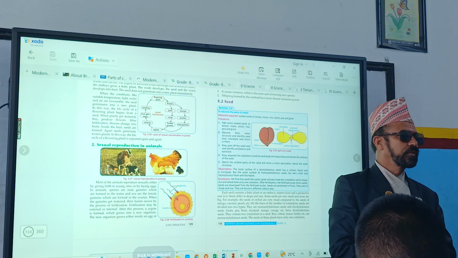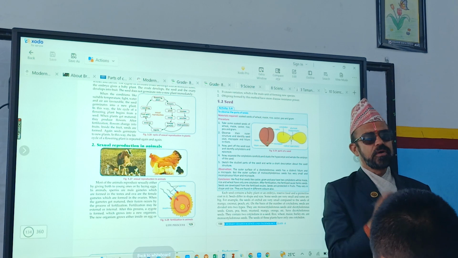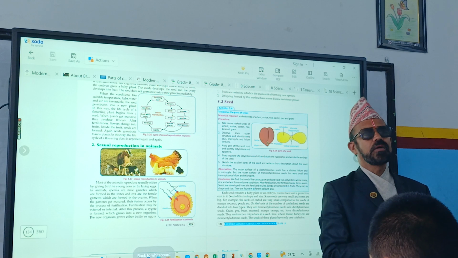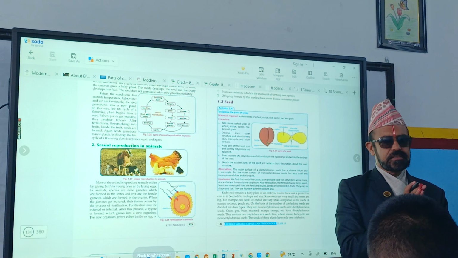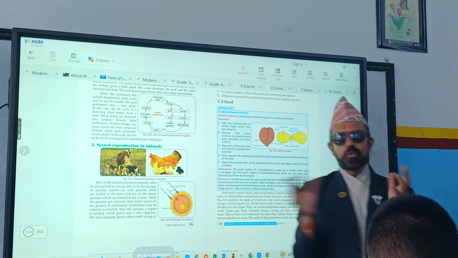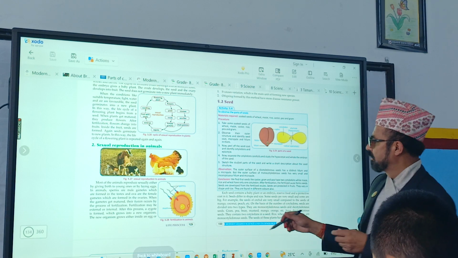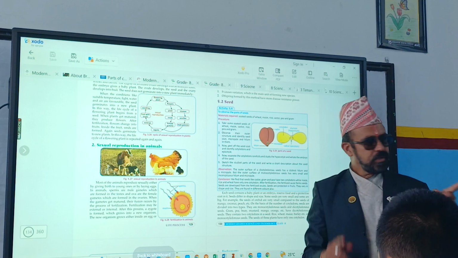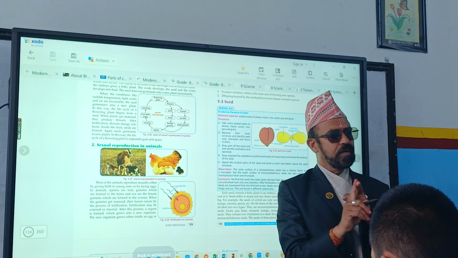What is seed? Seed is the structure that is formed by the development of fertilized egg. When fertilized egg of plant develops, grows, then what does it form? Seed. Okay. We have to know about fertilization. Fertilization is a process of fusion of male gamete and female gamete.